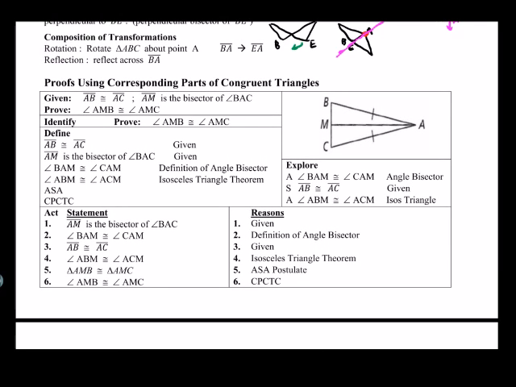Now, of course, our proof using corresponding parts of congruent triangles. We are given these sides, and this time we know that segment AM is the bisector of angle BAC. So I know these angles are congruent by definition of angle bisector.